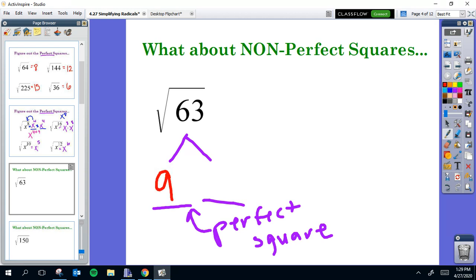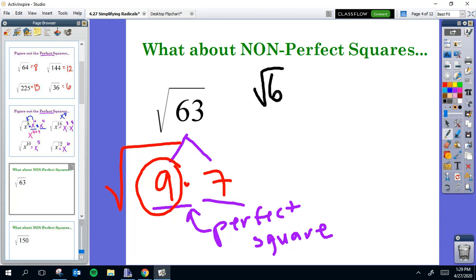I know 9 times 7 is 63, and 9 is a perfect square because I can take the square root of it to get a whole number. So I'm going to rewrite this. The square root of 63 equals the square root of 9 times 7, because under the radical, they are equivalent.